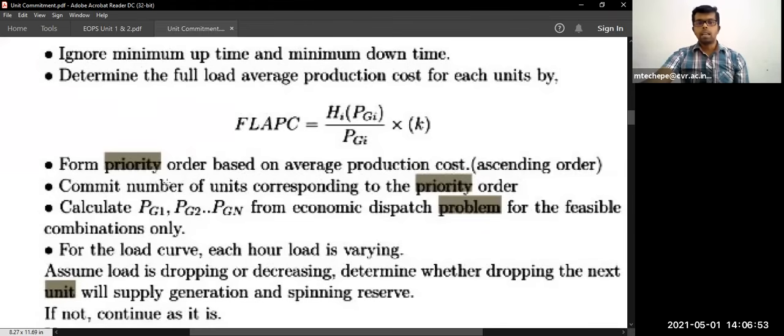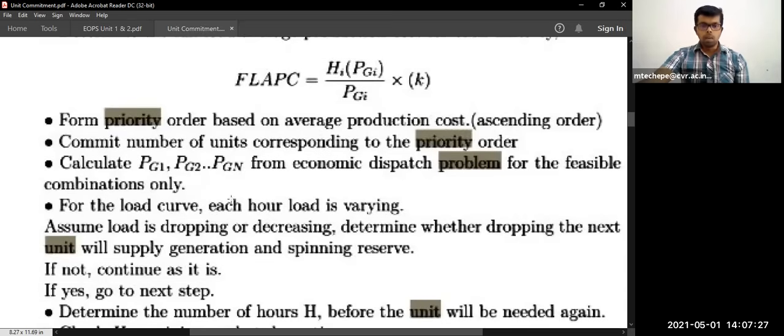Next, commit the number of generating units corresponding to the priority order. Next, we have to calculate PG1, PG2 up to PGN from the economic load dispatch problem for the feasible combinations only.